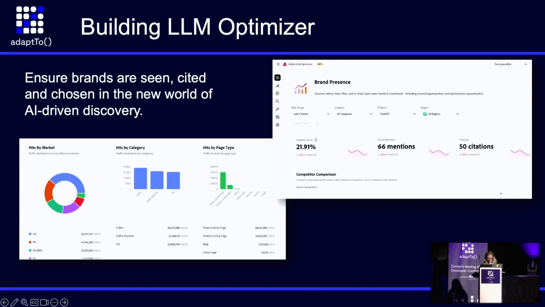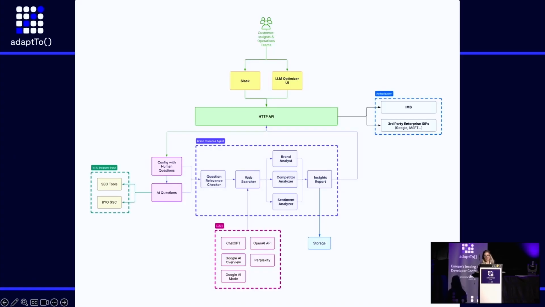I want to show you the architecture simply. From the left, you see we start with SEO tools. Customers are providing us some initial queries about the product or the brand.